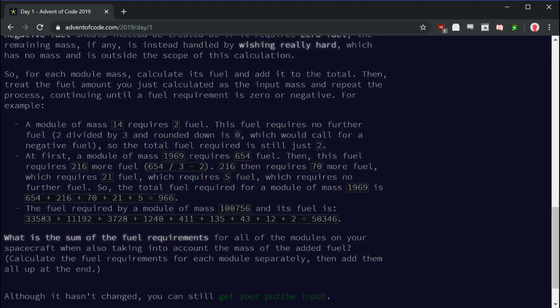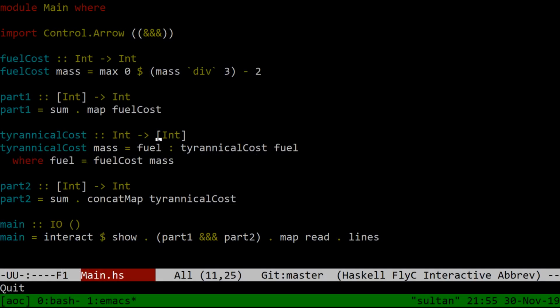And I finally realized that the last entry in my fuel cost was -1. Because 5 fuel, when I didn't have this max in here, cost 5 over 3, which is 1, minus 2 is -1.